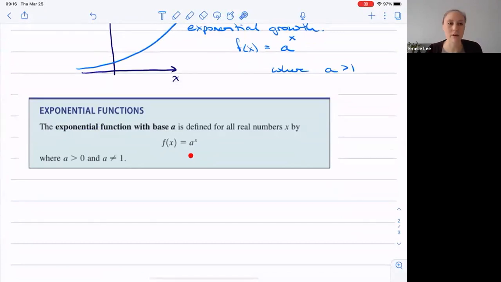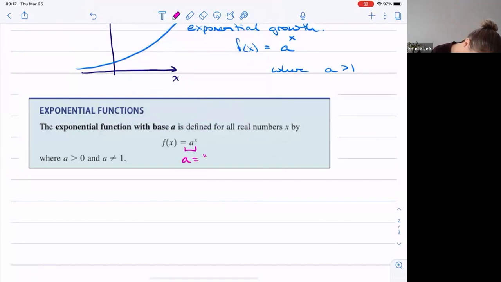So an exponential function is, like we said, something of the form a to the power of x. So when x is in the power, we have an exponential function. And so this a is what we call the base.